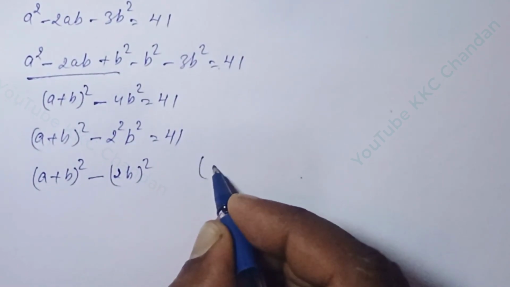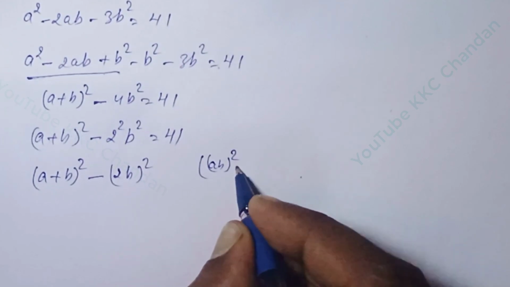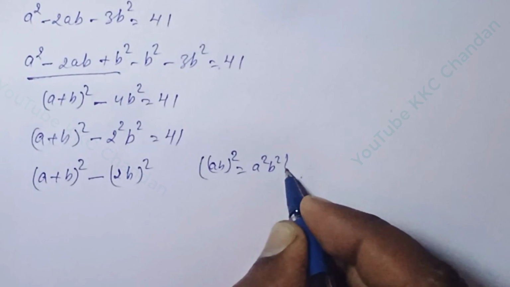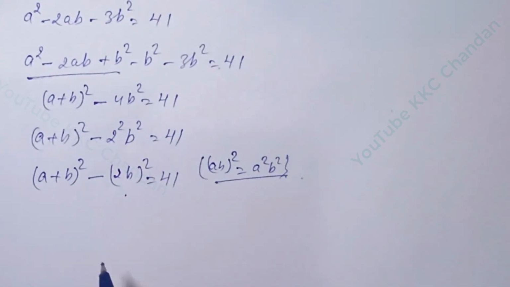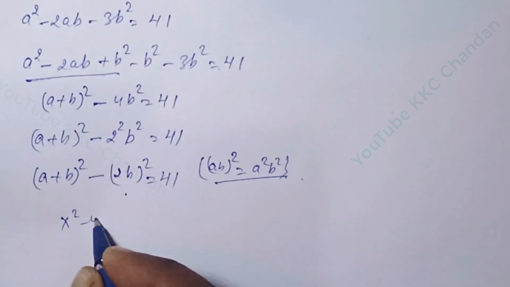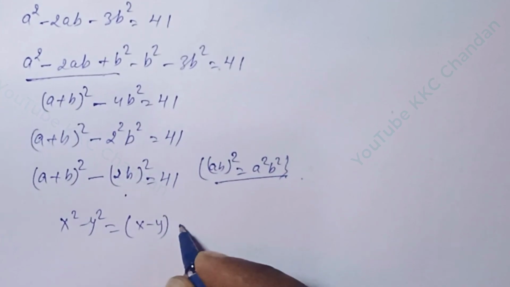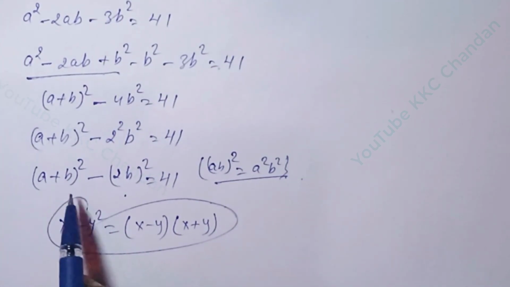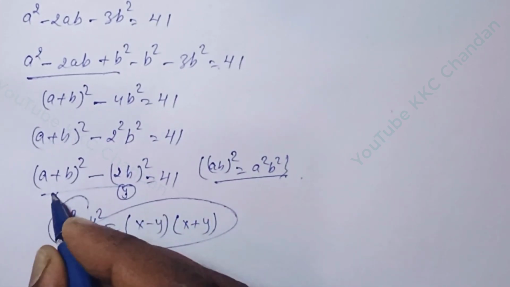We know that a b whole square is equal to a square b square. This exponential rule applies in this place. After the next step, this is in the form of x square minus y square is equal to x minus y into x plus y. This rule applies in this place. See here, this is x, this is y.